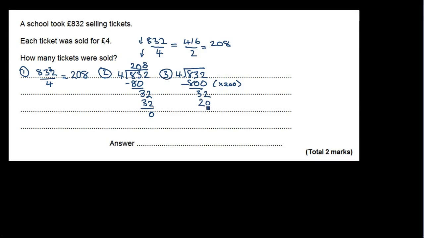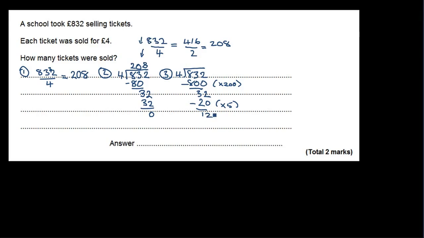And now we can think about this one. Well, let's say we know 4 times 5 is 20, so let's write down 20 as our next chunk, and that was times 5. Subtract the 20 from the 32 gives us 12, and now we can complete the problem.